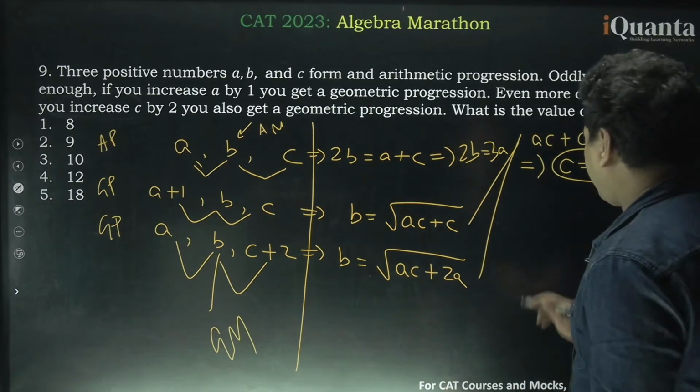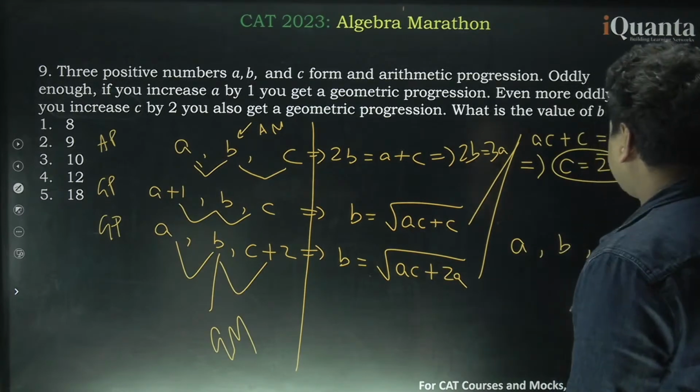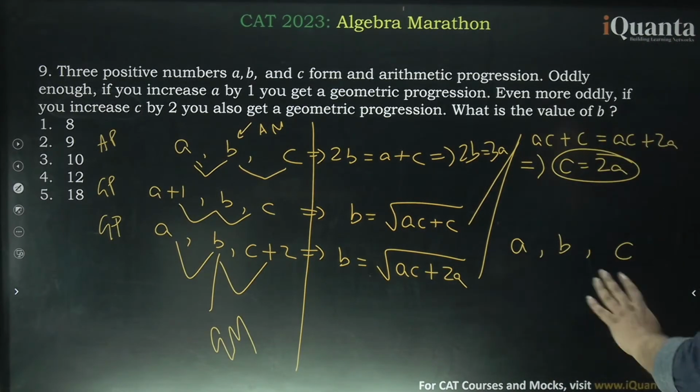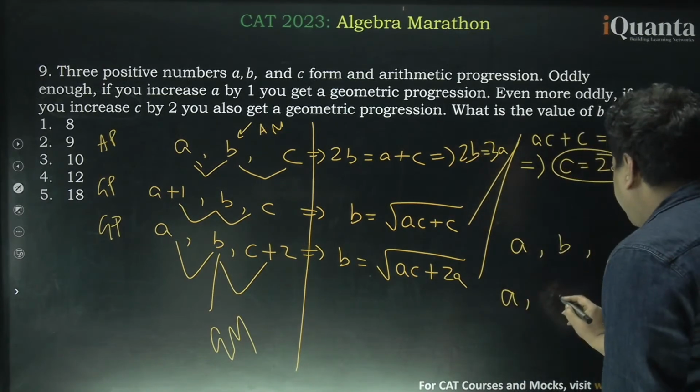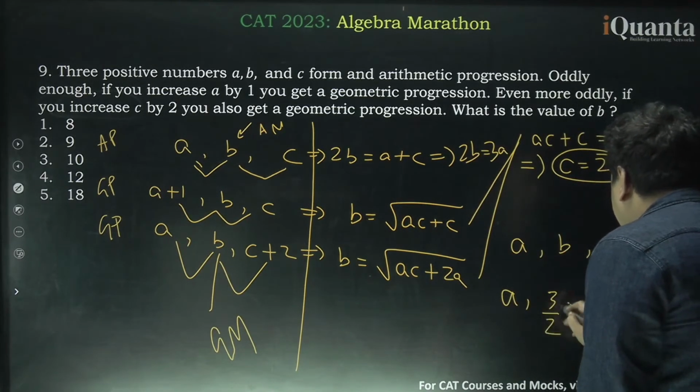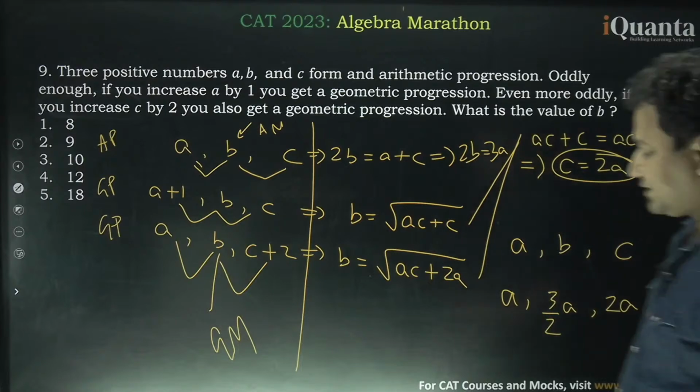Okay. So I can write A, B, C in terms of ratios. In terms of A, let's write everything. A is A only. What is B? B is 3A by 2. And what is C? C is 2A. Is that clear?